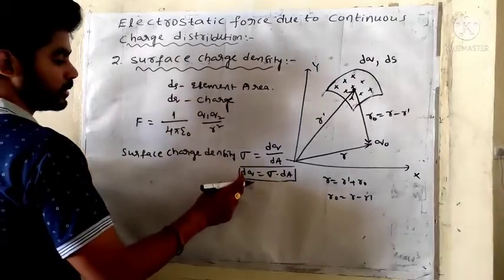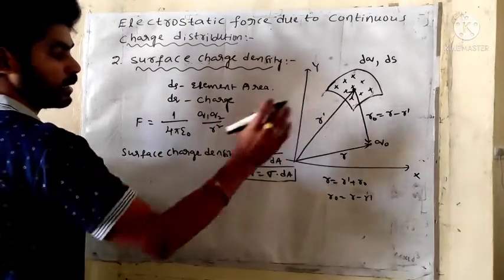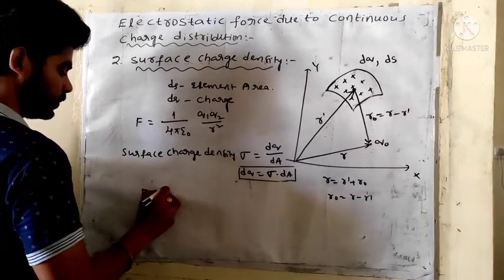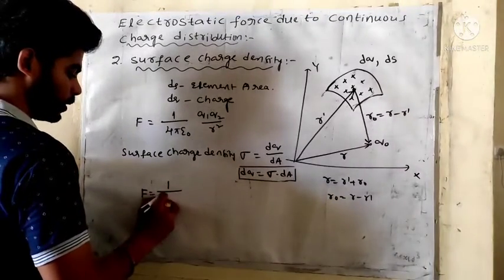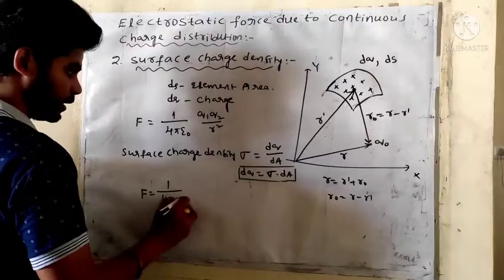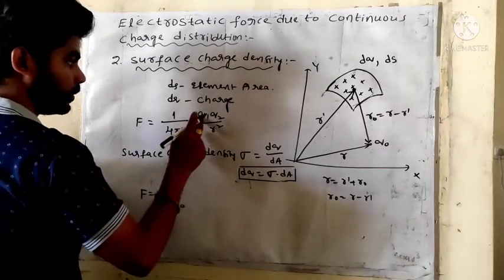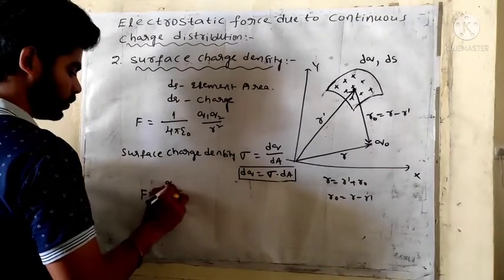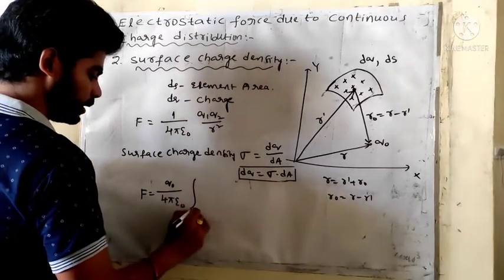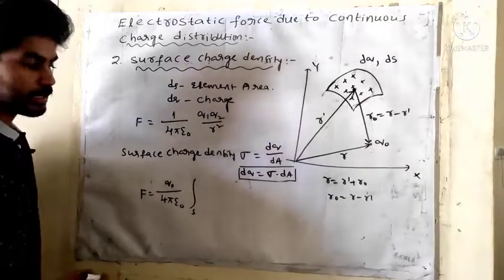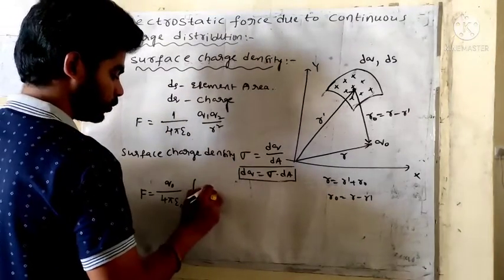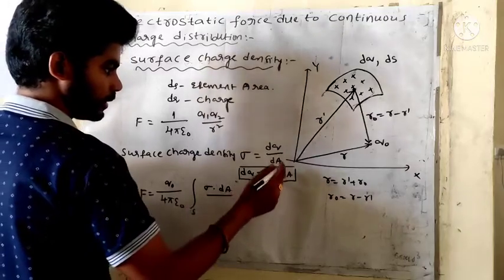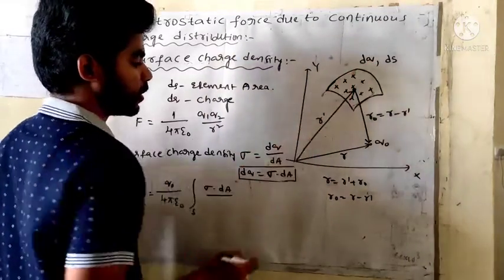So dq is the q2 and q1 is the q0. Now you can apply this: F is equal to 1 by 4 pi epsilon naught, q1 is q0, integral of sigma into dA, q2 value, by distance r0 square into the unit vector. Here dA is a small elemental area.